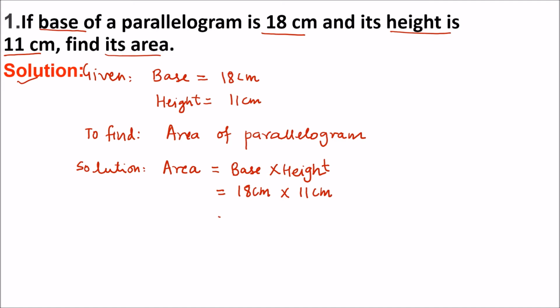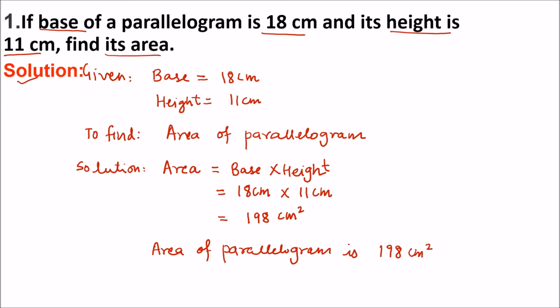Multiplying 18 with 11, you get 198, and centimeter into centimeter is centimeter raised to 2. That is 198 square centimeter. So the area of the parallelogram is 198 square centimeter.